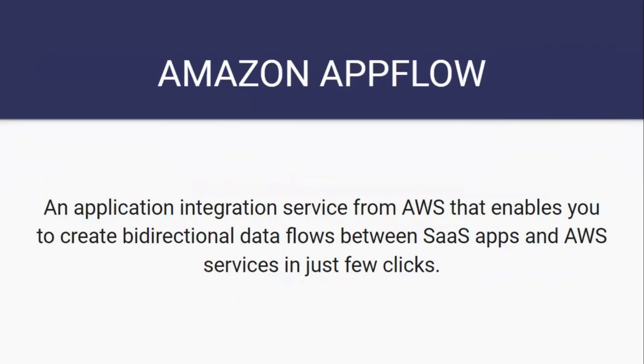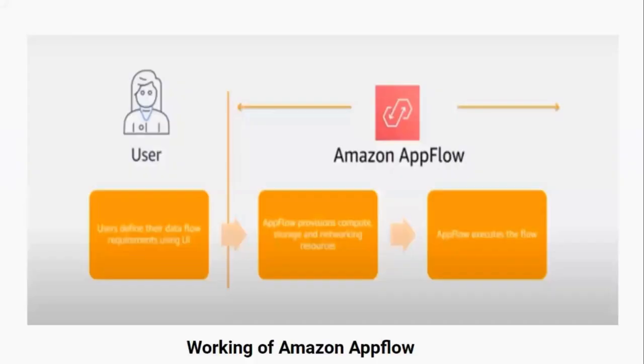Next comes the Amazon AppFlow application that automates bidirectional data flows between SaaS apps and AWS services, such as S3 and Redshift, in just a few clicks without any code. So here is the flowchart of how Amazon AppFlow works. We can see that it is pretty straightforward: as the user, we would come in and define our data flow requirements using the UI, and I'll show how easily we can create it.